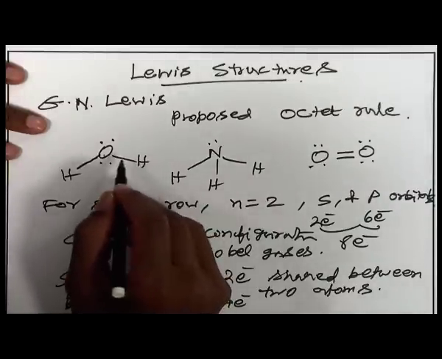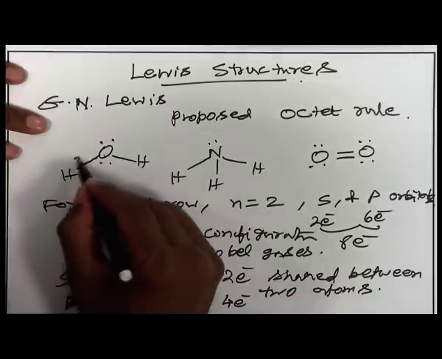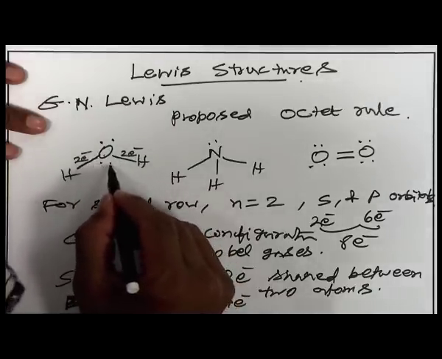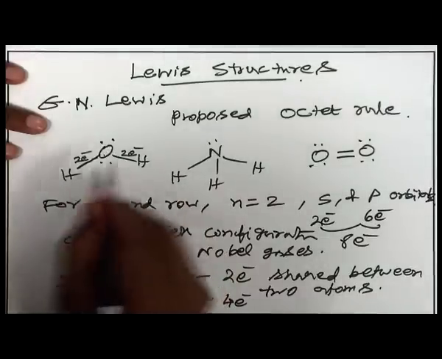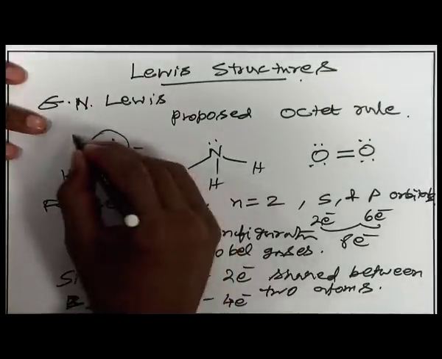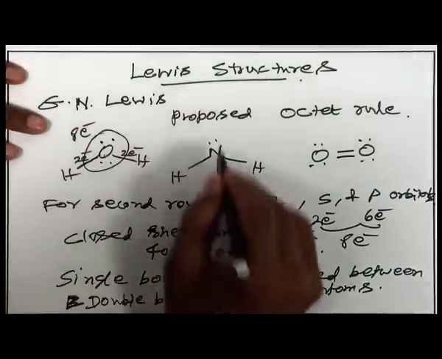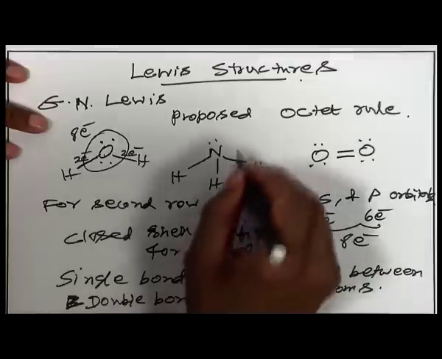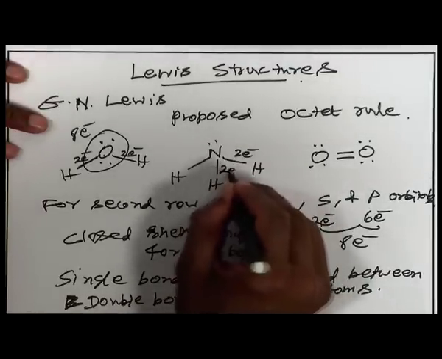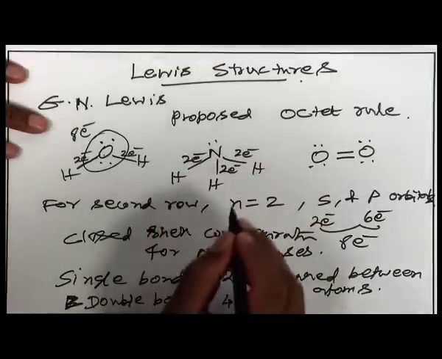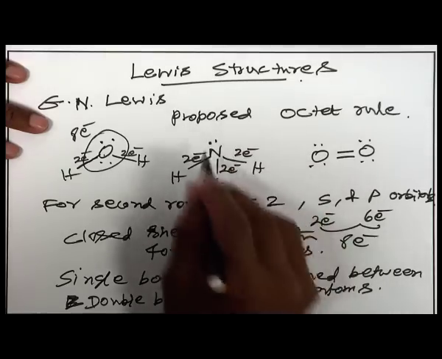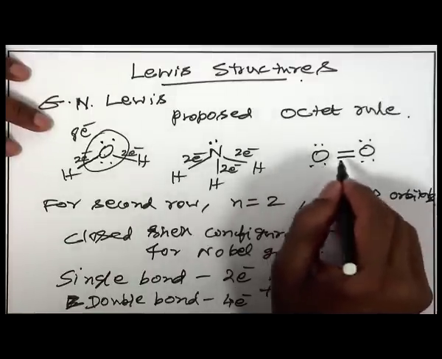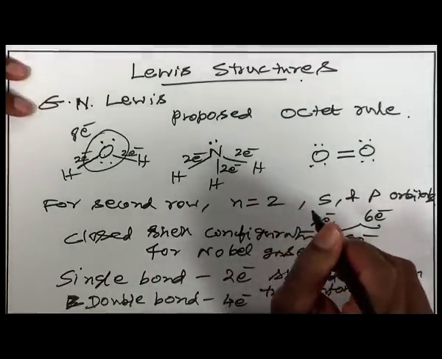So, 2 electrons here, 2 here, 4 plus 2 is 6, plus 2 is 8. In total it has 8 electrons. Similarly, the number of electrons around this nitrogen atom is 8: there are 2 electrons in each bond, and there is a lone pair. You can count the electrons around each oxygen atom here as well.